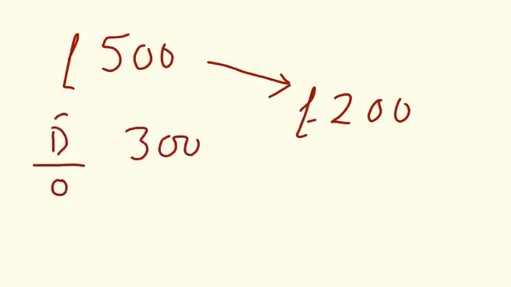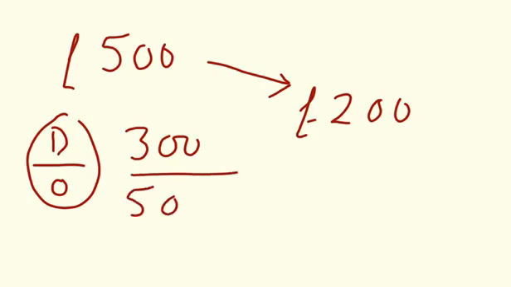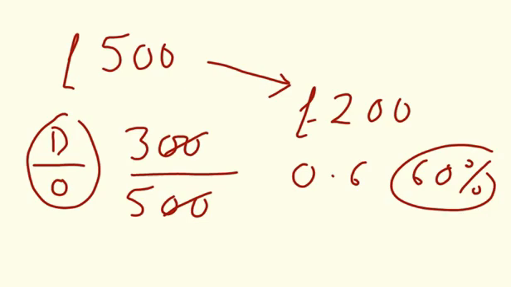Remember the DO method. Okay, let's start. Difference is 300, 200 minus from 500. Original is 500. Cancel. 3/5 is 0.6, which means 60%. So it's gone down by 60%. It is very simple. Just learn the technique, the DO method.